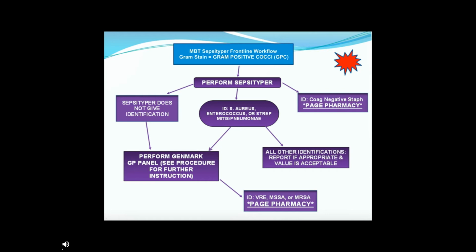If it gives any other type of identification, as long as that score is above 1.8 and it's not an organism that we would be looking for gene marker resistance, then we do not put it on our molecular instrument. Again, we use our molecular instrument for identification if we can't get the Sepsityper to work and for any gene marker resistance.